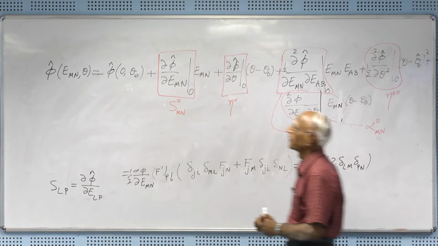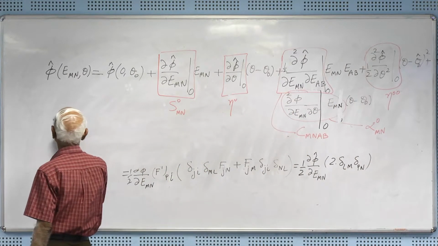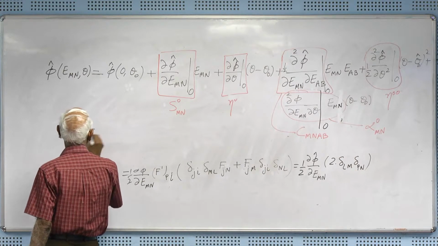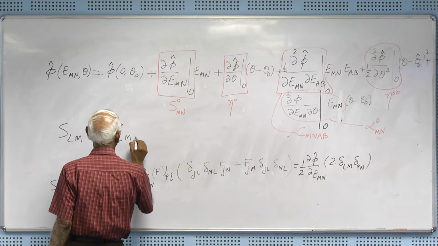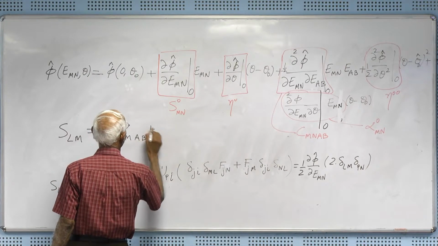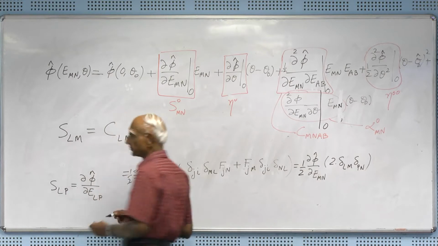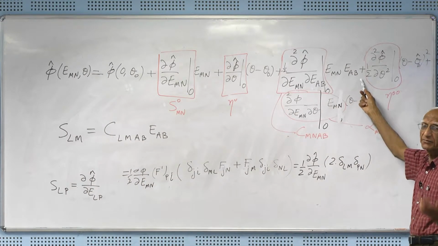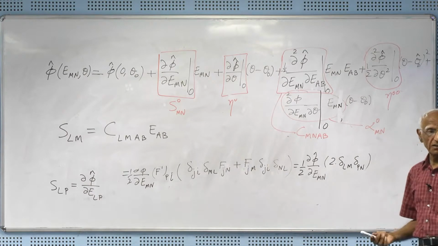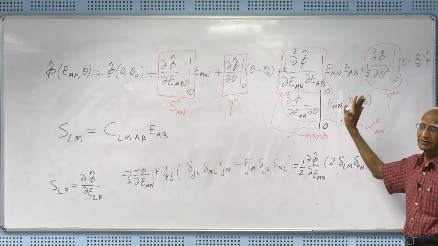So this one, we get S Lm equal to C Lm AB EAB. It's quadratic. You are differentiating once, so you get only 1 power of E left.